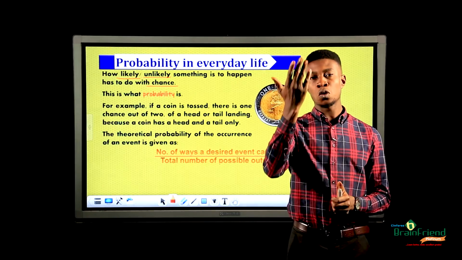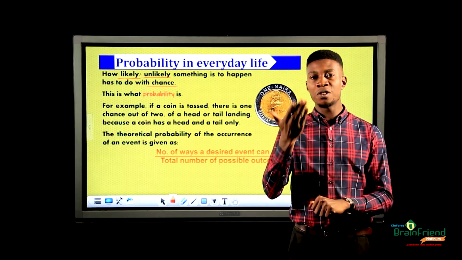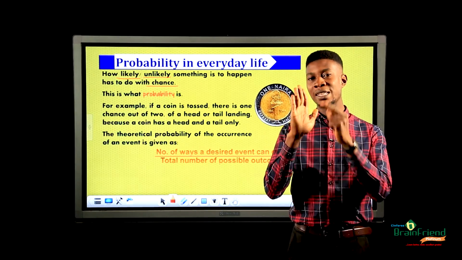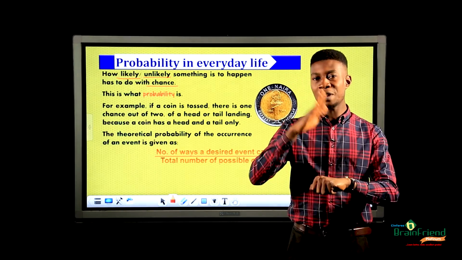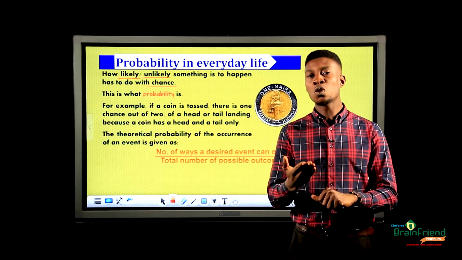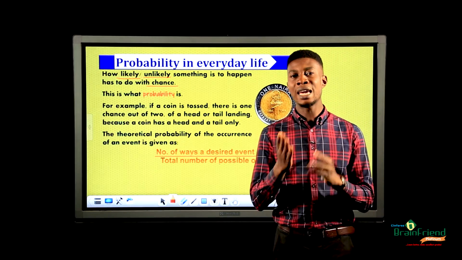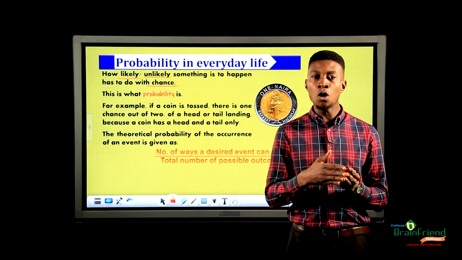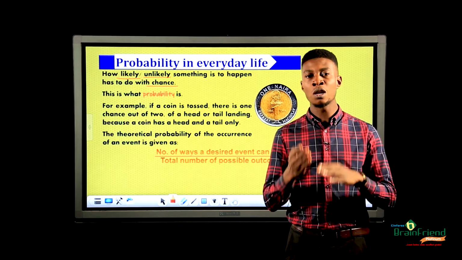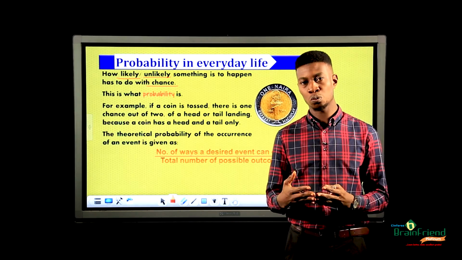Now when that coin is tossed, definitely one of the faces will land. It's either the head or the tail. So when a coin is tossed, it's either we have a head or a tail. So the likelihood of having a head is 1 out of 2. The likelihood of also having a tail is 1 out of 2.